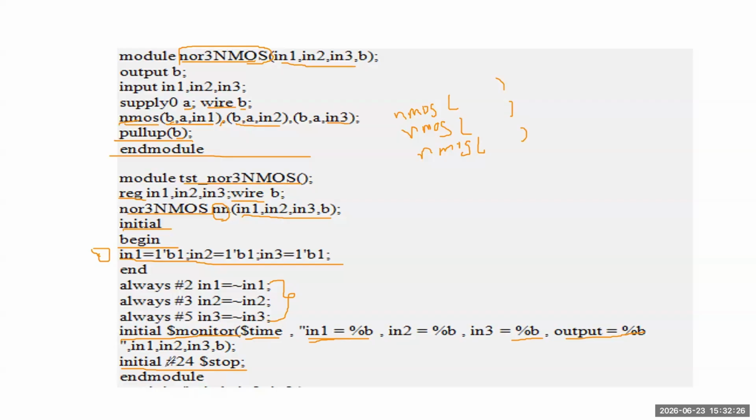So here we are using the $stop, and at 24 nanoseconds, the execution process is going to be suspended for certain amount of time using this particular statement. So started with the module, we are going to end this particular module.